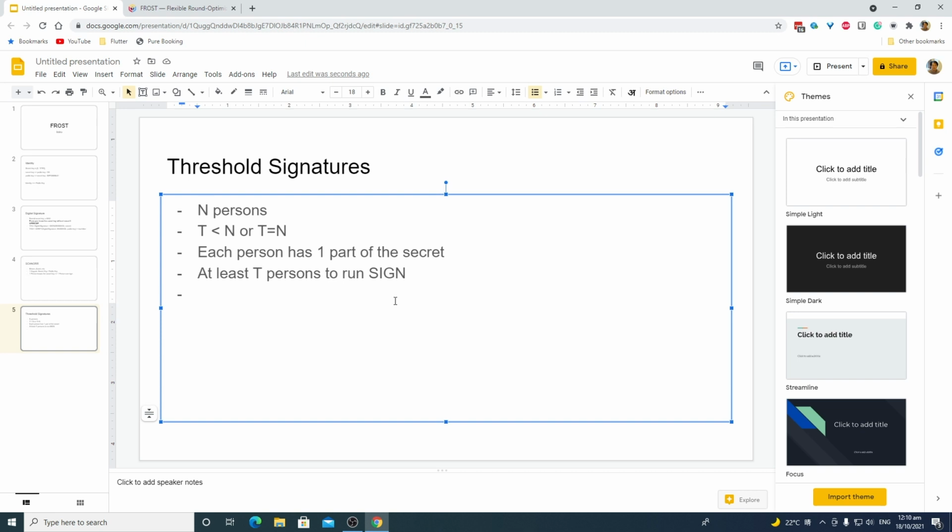And one of the interesting things is that t doesn't have to be n. So let's say you have 3 people only, and you have t equal 2. That means that any 2 participants out of the 3 would together be able to create a signature.